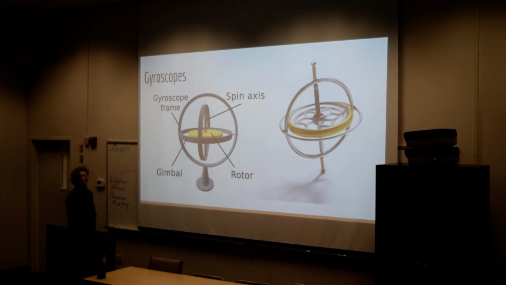And now we have something that really is important to the idea of 3D rotation. So this is called a gyroscope. And basically what it does is the inner gimbal, the inner rotor, will spin really fast. And essentially it's able to maintain its orientation due to the conservation of angular momentum.